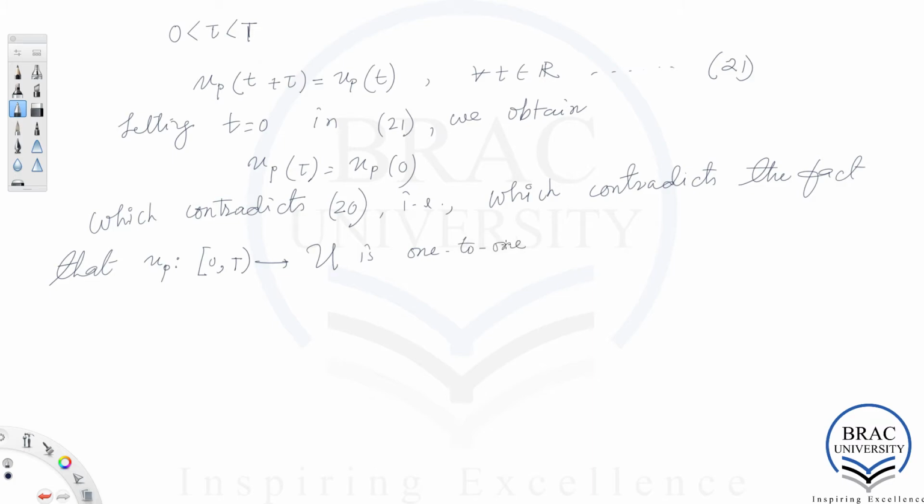This was one of the assumptions, right? This was given by equation number 20. And if this is the case, with 0 belonging to this interval and tau belonging to this interval 0 comma big T, satisfying this means that u sub p is not 1 to 1 in the interval 0 comma T. Okay.